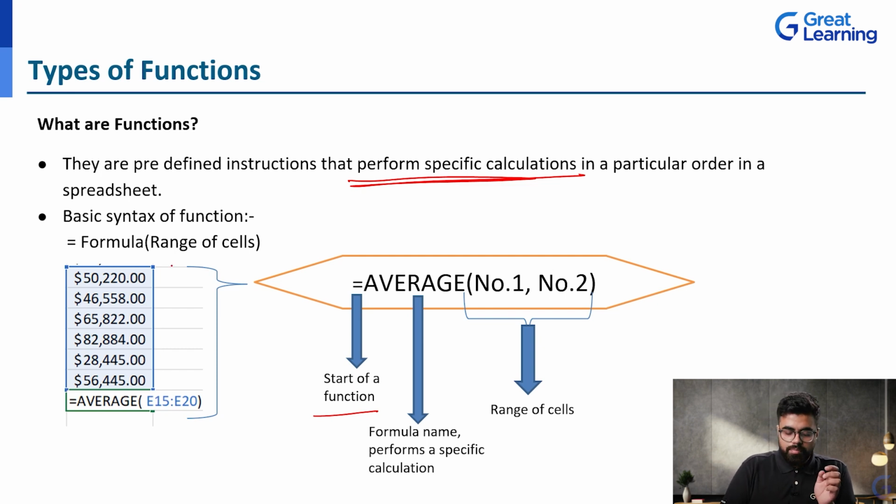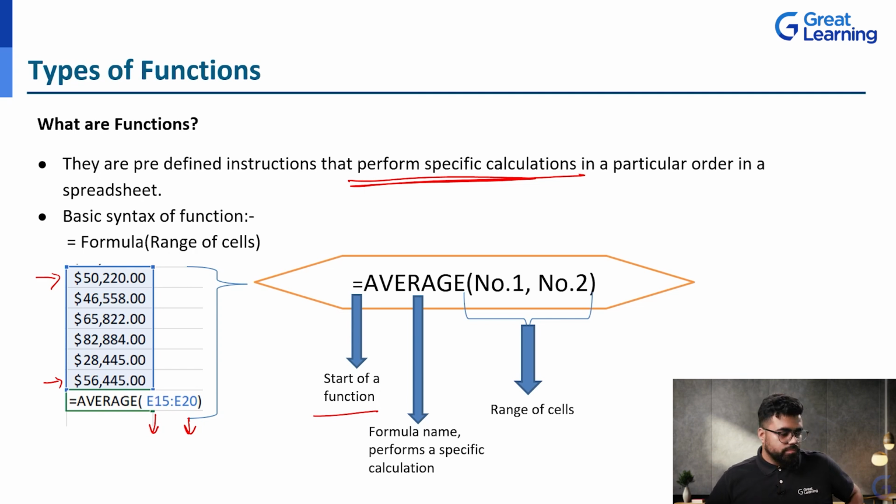For example, in this case, the range would be from $50,220 to $56,445. This signifies the cell numbers, so the range would be E15 to E20. This is what exactly functions are.